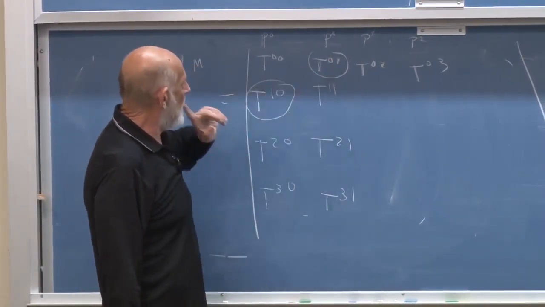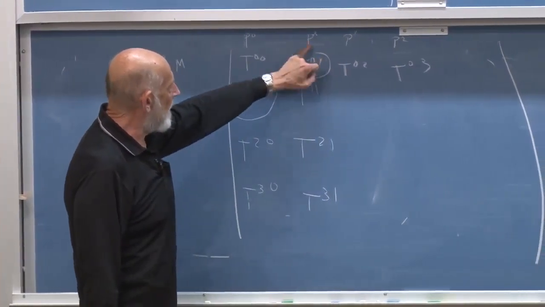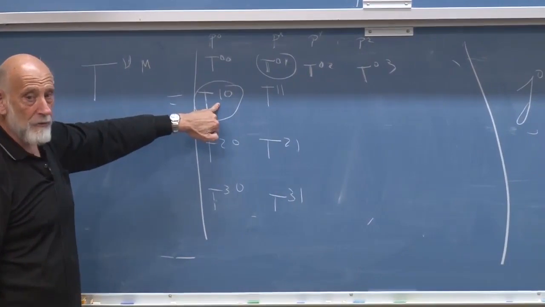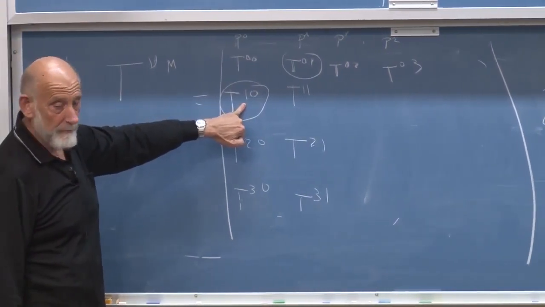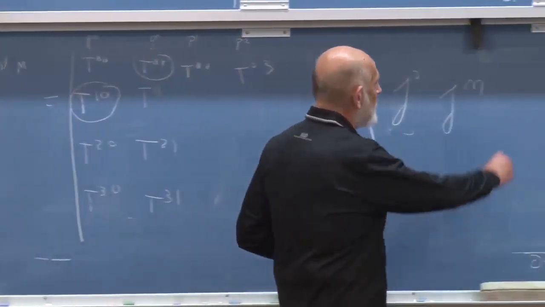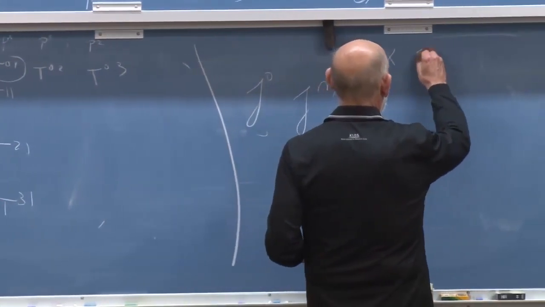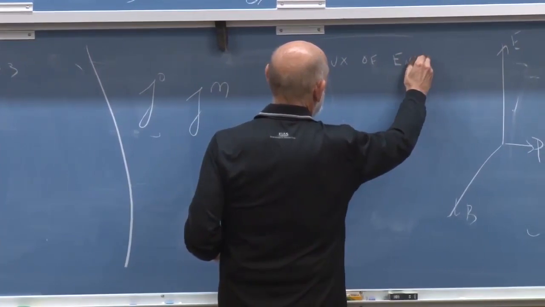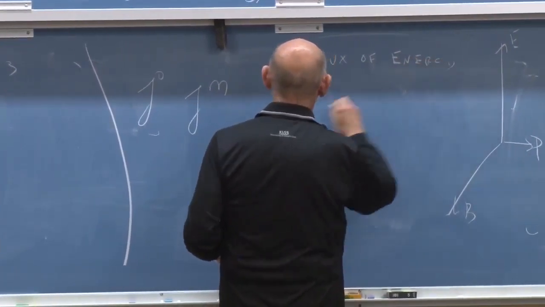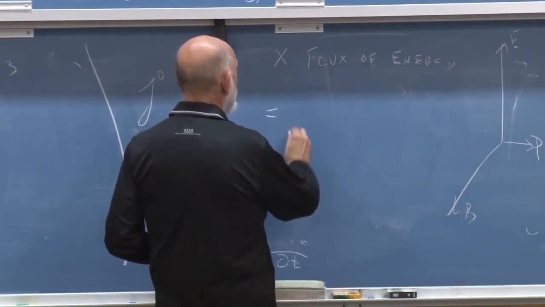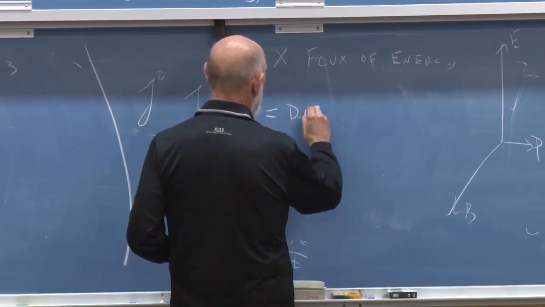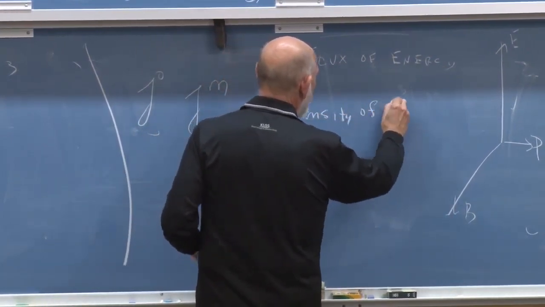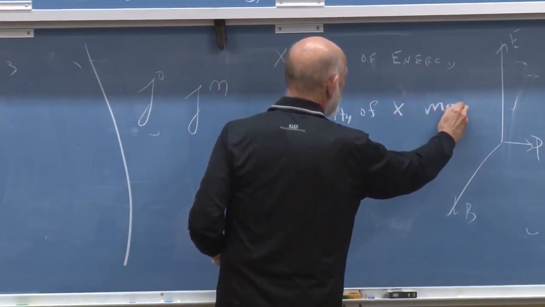This is the density of x momentum, and this is the x flux of energy. X flux of energy equals the density of x momentum.